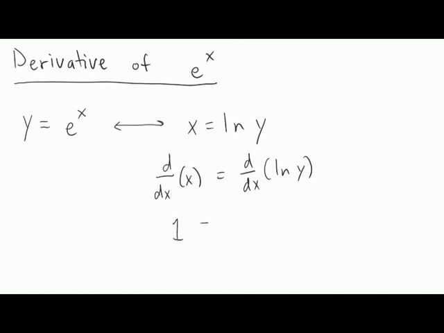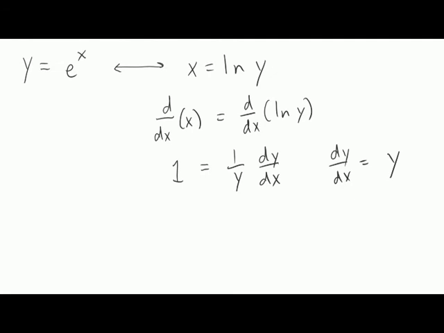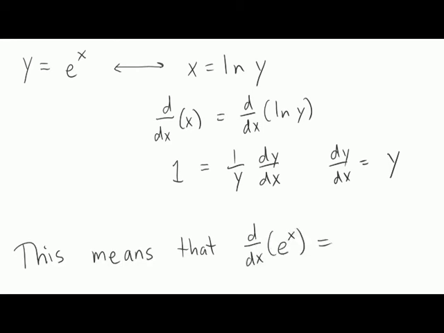And on the left-hand side, we just get 1, where on the right-hand side, we get 1 over y times dy dx. If we rearrange, we get dy dx is equal to y. Since we said that y is equal to e to the x, this means that the derivative of e to the x is equal to e to the x.